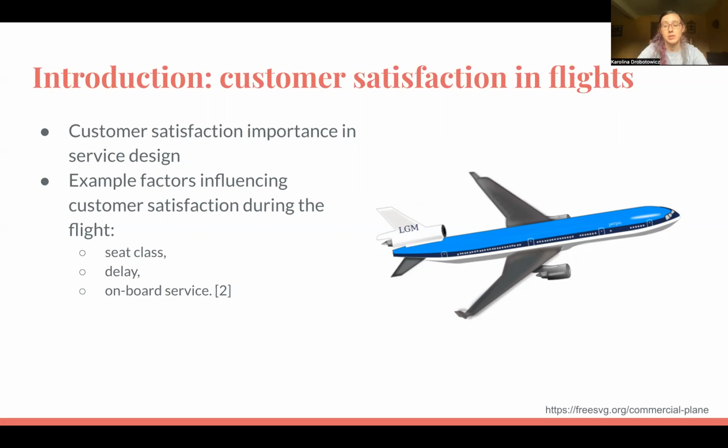And it's really important to know how much those factors are influencing the final satisfaction, because this can help provide airlines better services and therefore obtain more customers, as well as help them to react in real time to different situations. For example, if the plane is very delayed, they might know what to do to bring the final satisfaction to a positive flow.